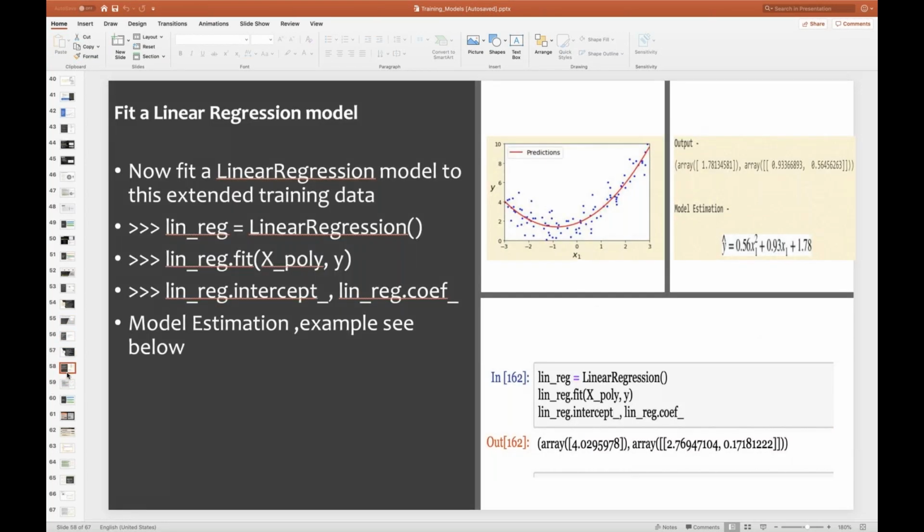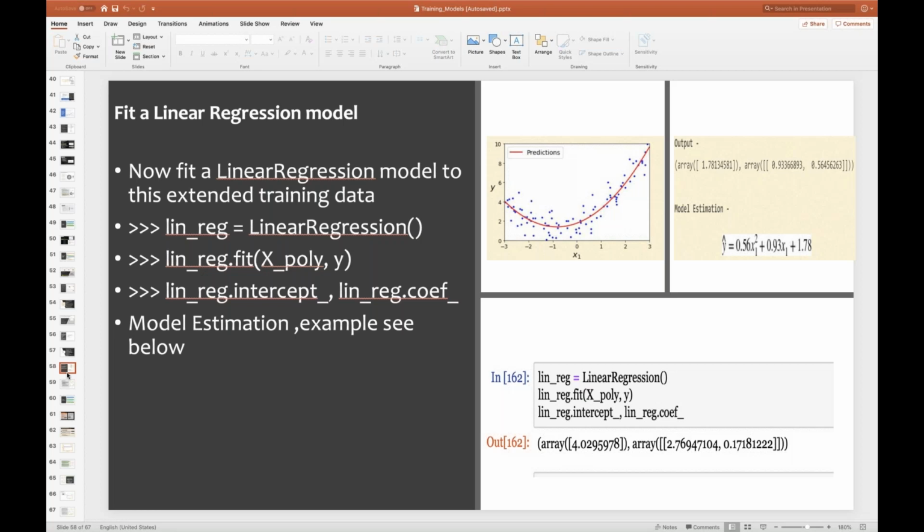Perfect. Simple boss. Here what I'm doing is creating a variable called lin_reg, and I'm using my linear regression model. I'm fitting it on my X_poly. Again, X_poly is my extended training data.